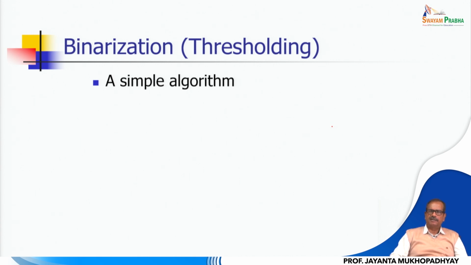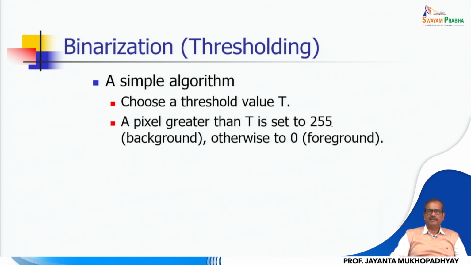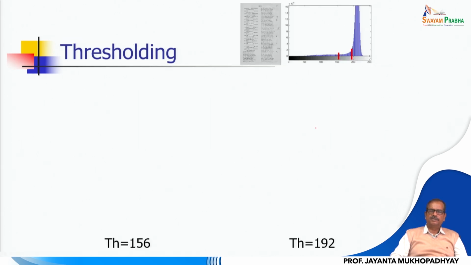A very simple algorithm makes the term thresholding clear. If I choose a numeric value called the threshold value t, and a pixel is greater than that value, then we set it to 255, the white background part, and otherwise we set it to 0. How do you determine it?